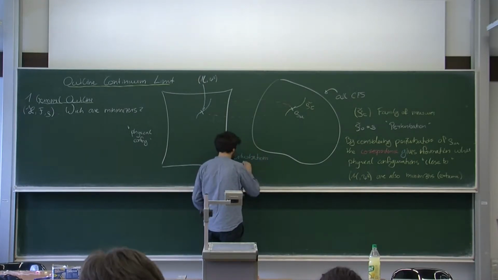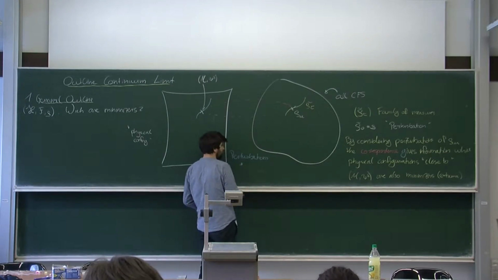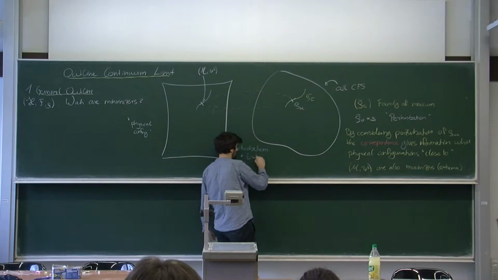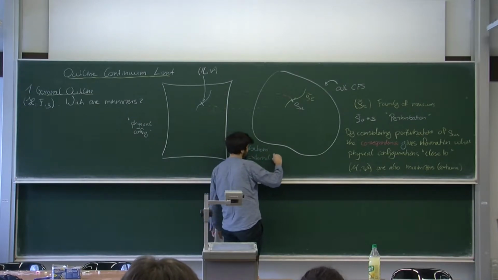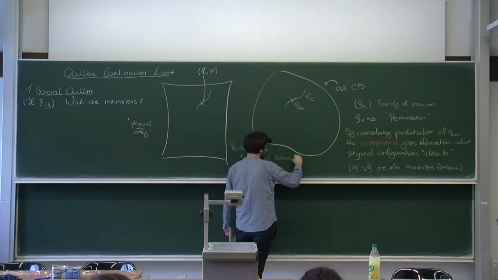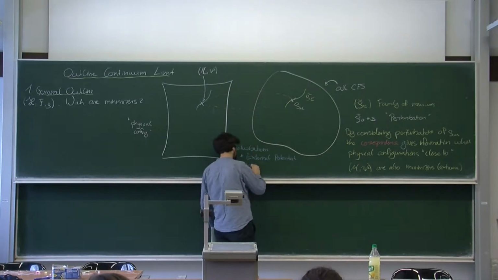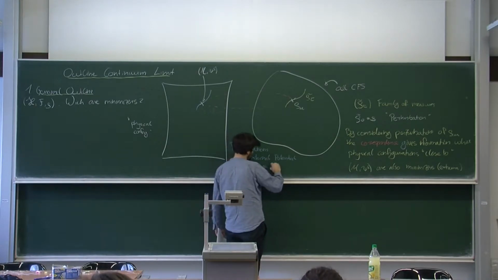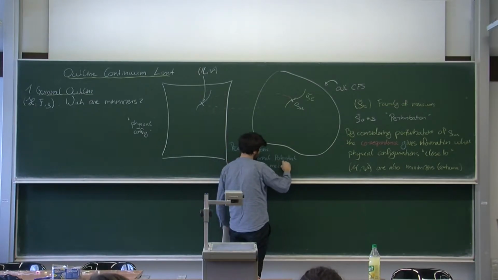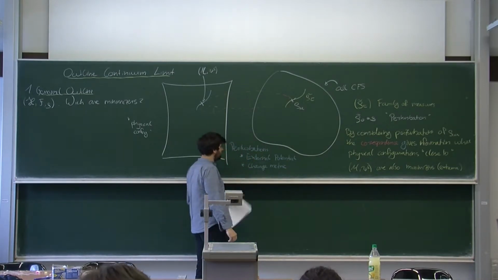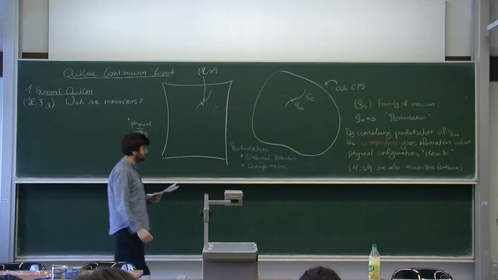As yesterday, we have seen, you could introduce an external potential into the Dirac equation. You could change the metric, which is somehow related. Those are two examples of those perturbations.